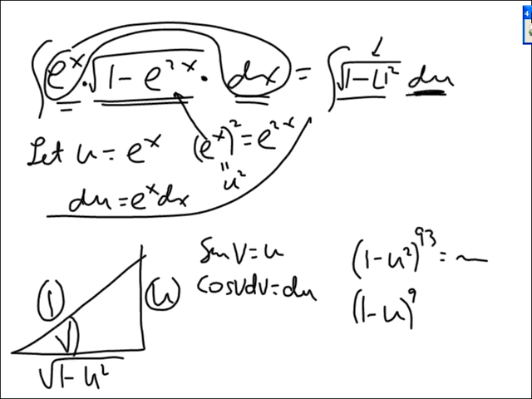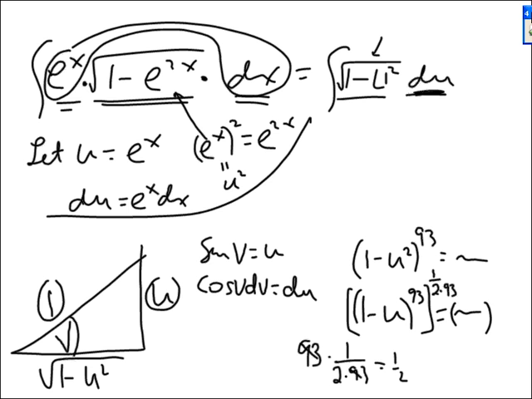So I would raise this to the 1 over 2 times 93. And when you multiply 93 by 1 over 2 times 93, the 93's cancel and you get the power of a half. So I would get what I had to the 1 over 2.